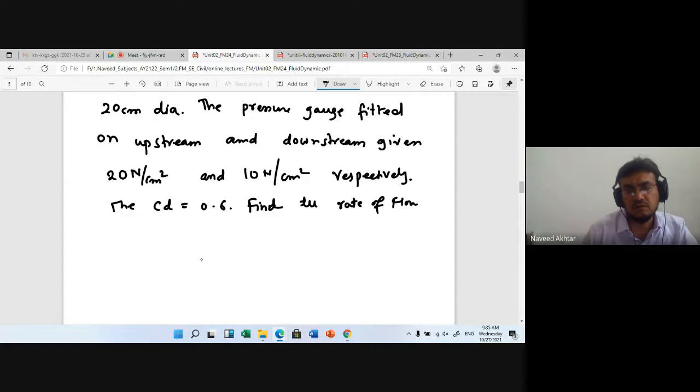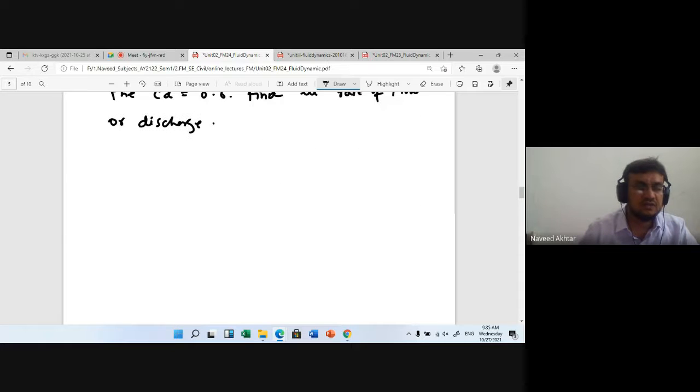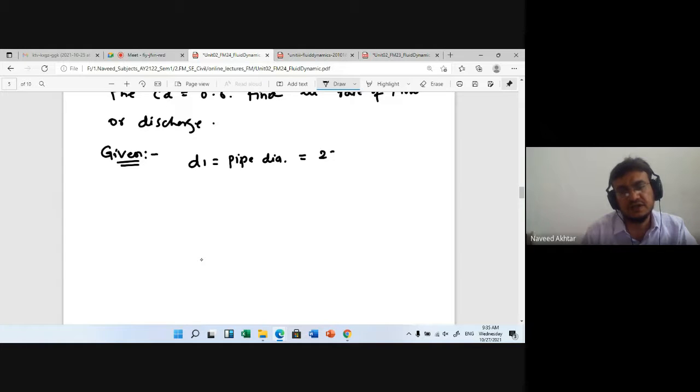Find the rate of flow or discharge in case of your orifice meter. Okay, so you have to find out the rate of flow, discharge. So here first, before going for the solution, you will write down the given data in the example. So here the diameter D1, that is pipe diameter, is given 20 centimeter.